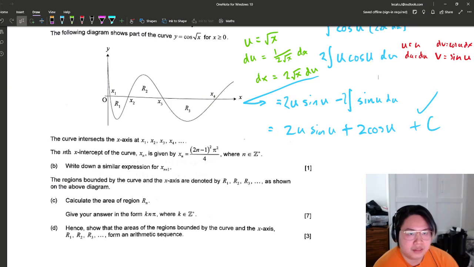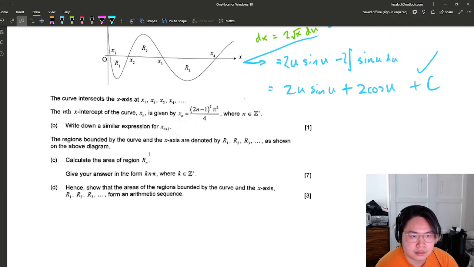Here is the graph of cosine root x. It will intersect along here. Apparently they have a formula for where the x value of each intersection is. Write down a similar expression for x n plus 1. That's pretty straightforward, right?